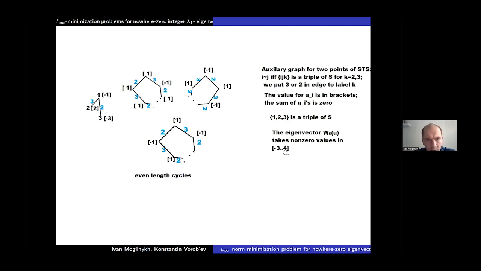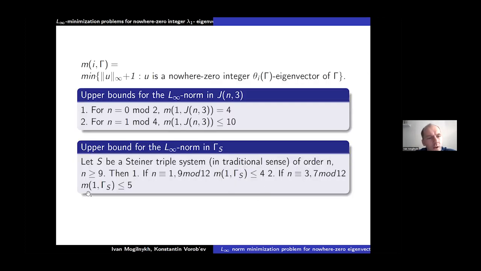So what we have here is that we have shown that there exists a nowhere-zero integer first eigenvector of the block graph of any Steiner triple system. Its infinity norm is exactly 4, which gives 4 plus 1, that is 5, as an upper bound for our optimum.